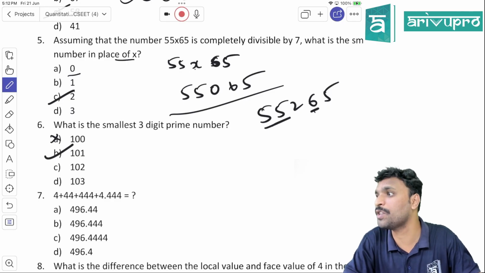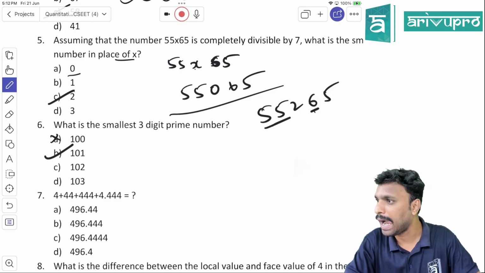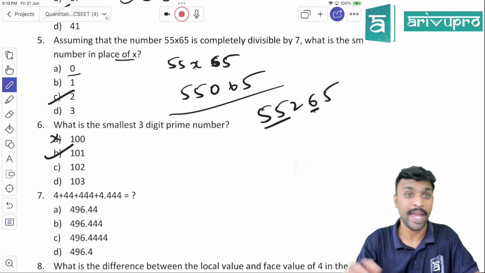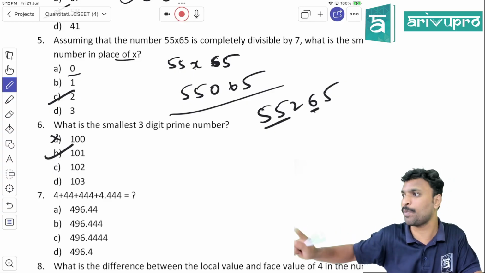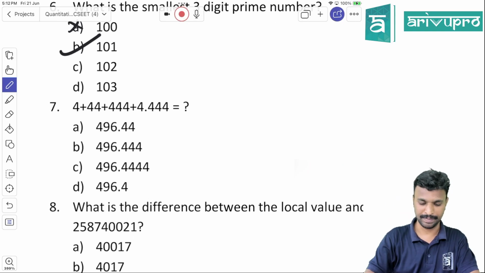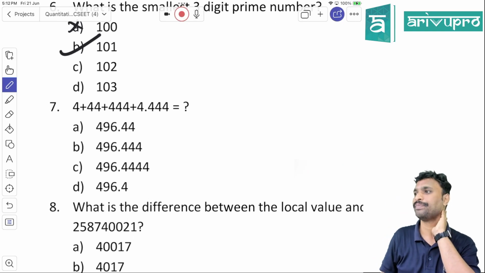Even 103 is also a prime number, but the smallest is 101. Is 102 a prime number? It is divisible by 2 also. It is divisible by 3 also. So the smallest 3-digit prime number is 101.